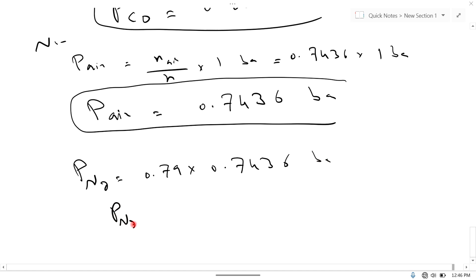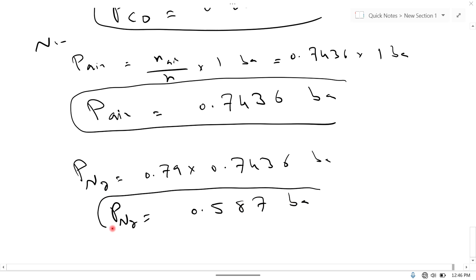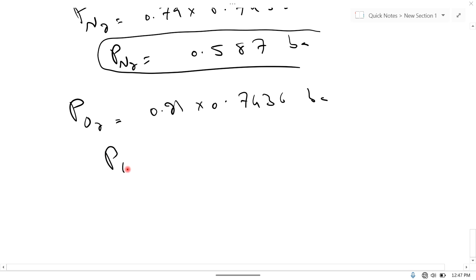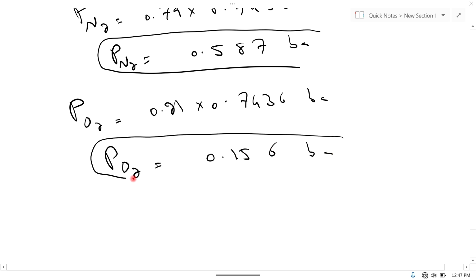So partial pressure of nitrogen is equal to 0.587 bar, and partial pressure of oxygen, 21%, means 0.21 multiplied by 0.7436 bar, so partial pressure of oxygen is equal to 0.156 bar. So this is the solution of part number 2.